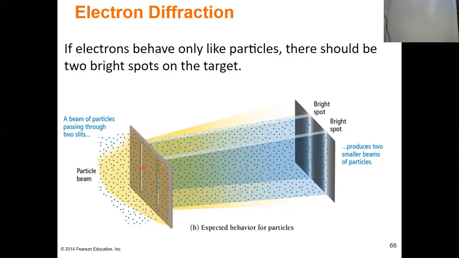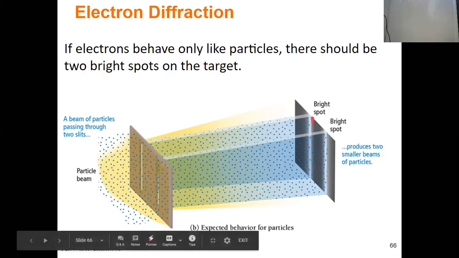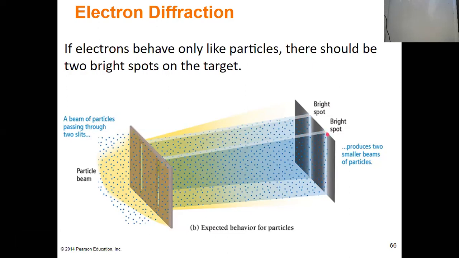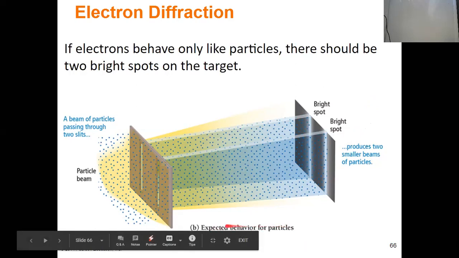If you put them through this double slit experiment that we had talked about before, if an electron just behaved like a particle, all you would see is two lines over here, right? One line for each slit, because particles move in straight lines. Okay, so that is the expected behavior for particles.